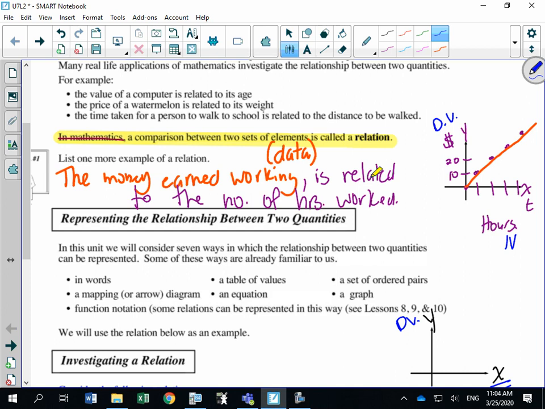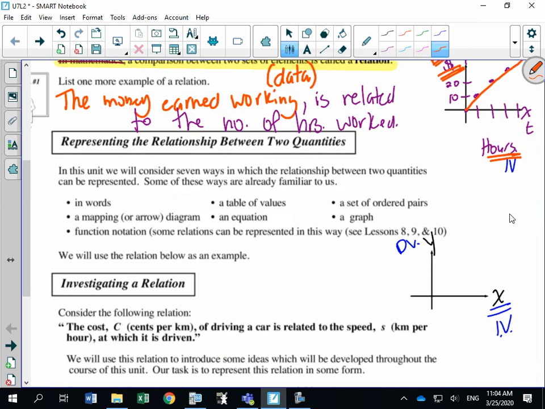So how I would read this is I always start with the y-axis and I would say, okay, the amount of money earned depends, right? It depends. What does it depend on? It depends on the number of hours worked. So dependent variable, independent variable.